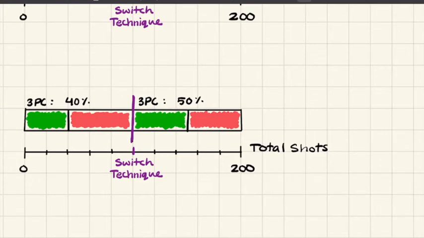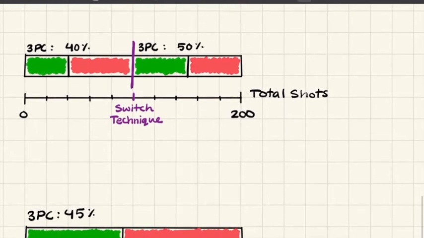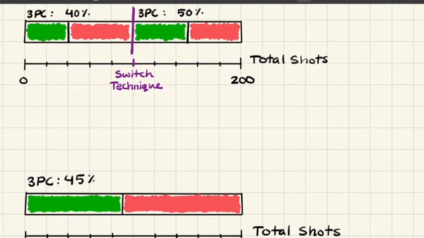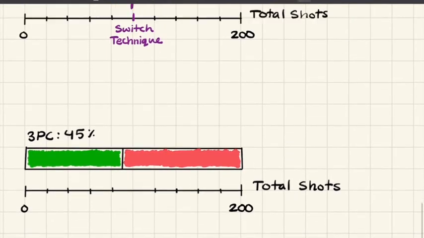And if we average them out, because the number of shots was the same, we'll get 45%. And we'll get the same result if we just combine the red with the red and the green with the green. So again, from that 40%, it'll go to 45%, which represents an increase.